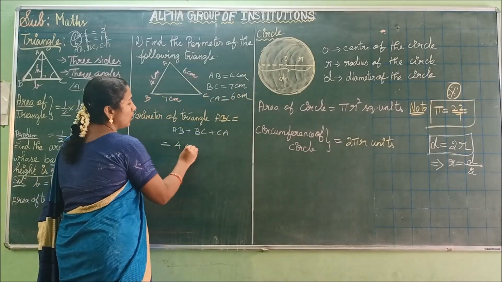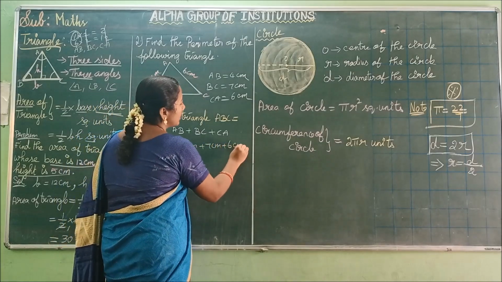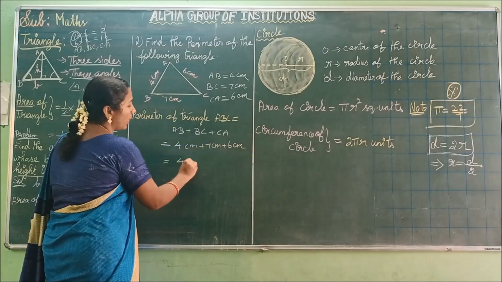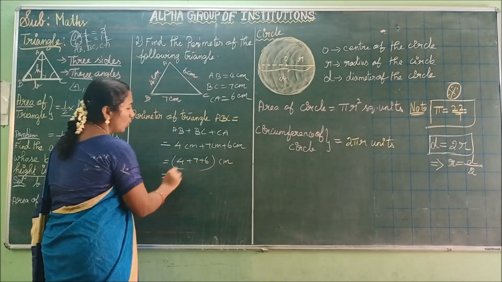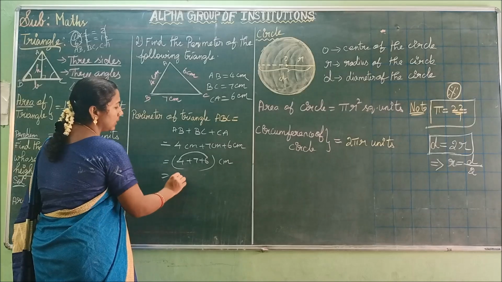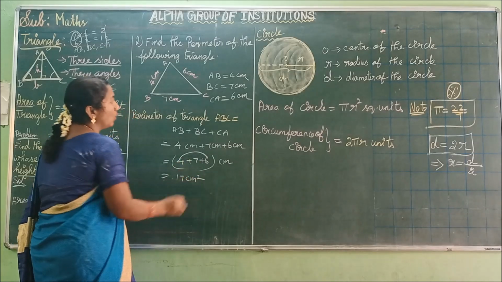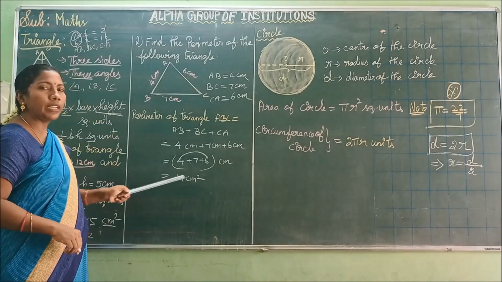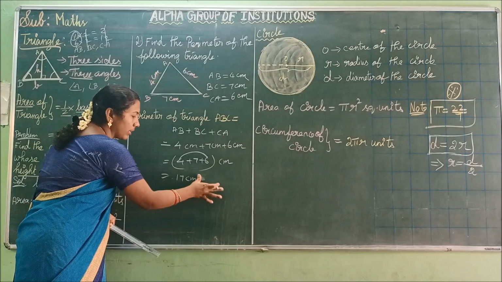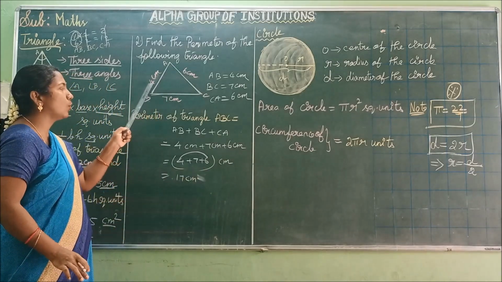So 4 centimeter plus 7 centimeter plus 6 centimeter. 4 plus 6, 10. 10 plus 7, 17 centimeter. So perimeter of this triangle is 17 centimeter. Don't write square, sorry. You have to write 17 centimeter.